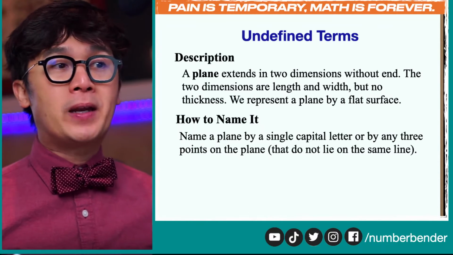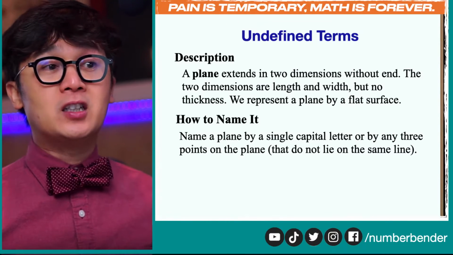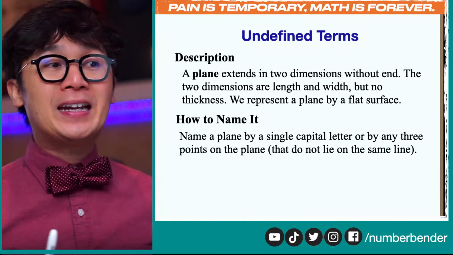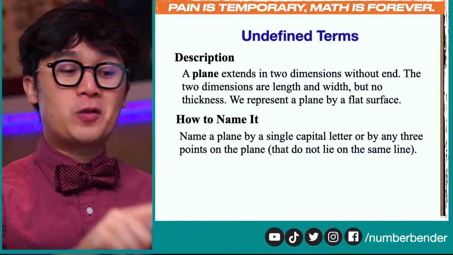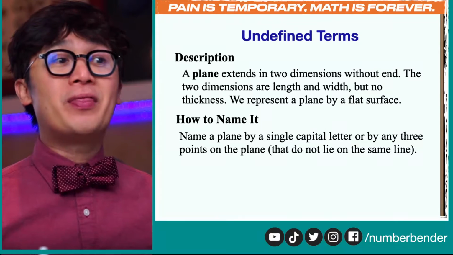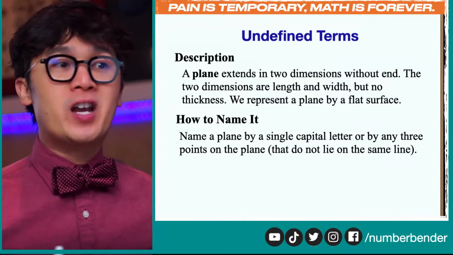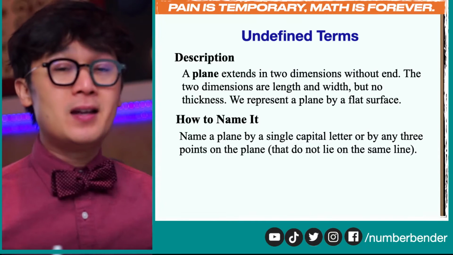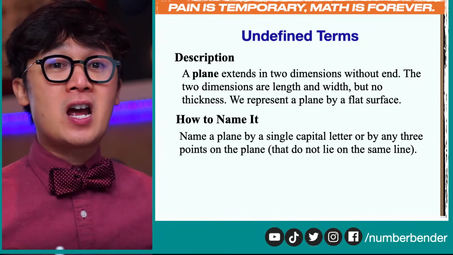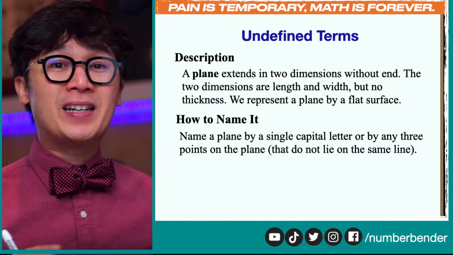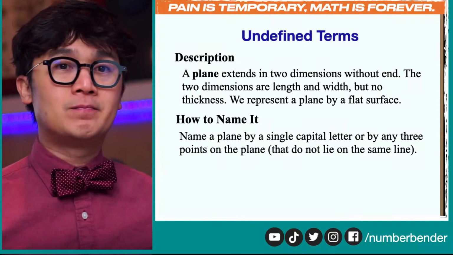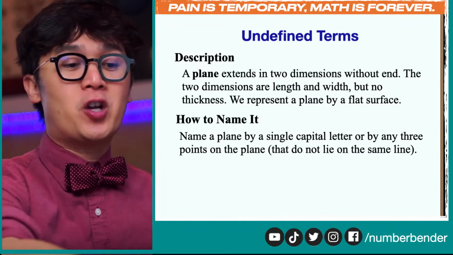Sabi dito, we name a plane by a single capital letter or by any 3 points on the plane, and those points should not be on the same line, or tinatawag nating non-collinear points para ma-name natin siya as a plane in geometry notation.